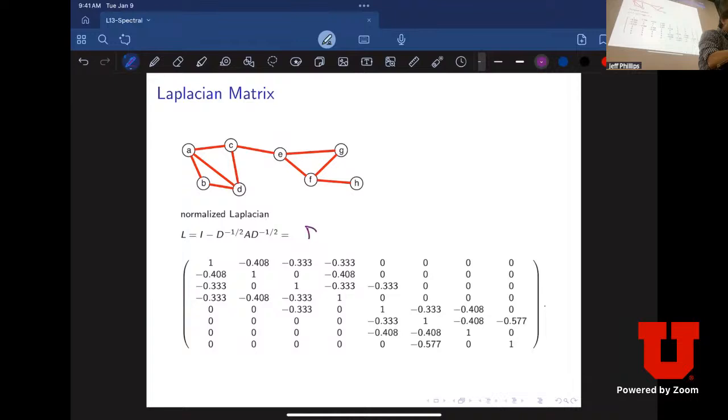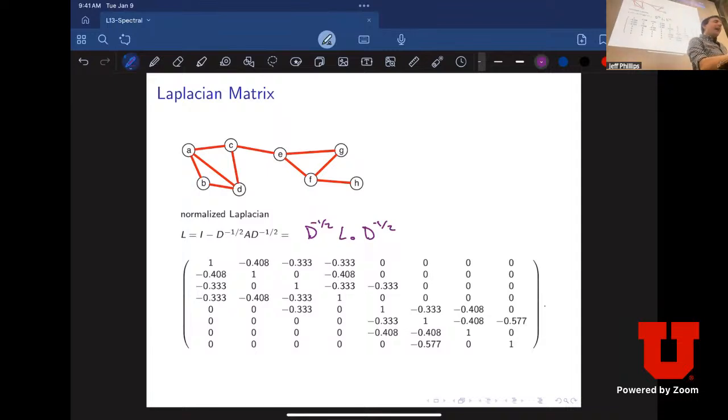It turns out this is equivalent to D to the negative 1/2 times L0 times D to the minus 1/2, right? So I can decompose L0 into the degree minus the adjacency, and the D to the minus 1/2 on that first term turns into the identity, and the adjacency matrix gets squashed in this way. So I've taken the original unnormalized Laplacian and normalized it by the degree.